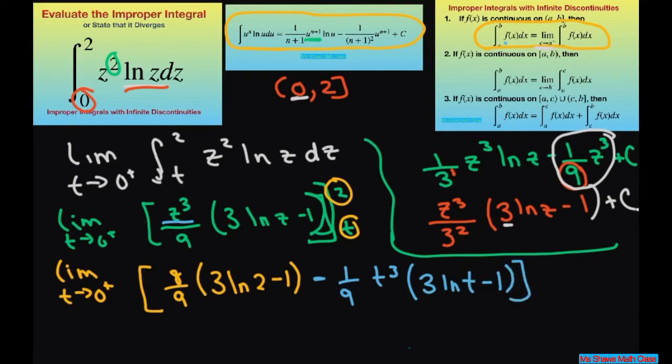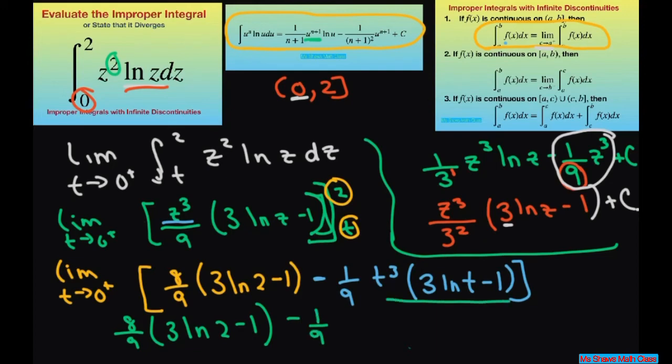Now, as we take the limit, for the first part we're just going to get this piece here. So I can write this as 8 ninths times 3 times ln of 2 minus 1. We can factor that out, but I'll do that later. And then we have minus 1 ninth.